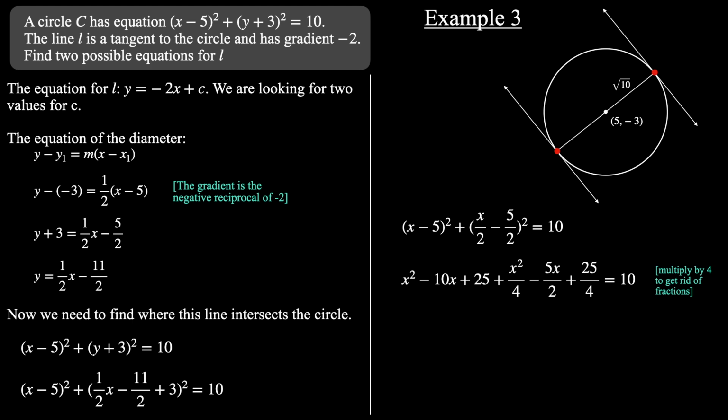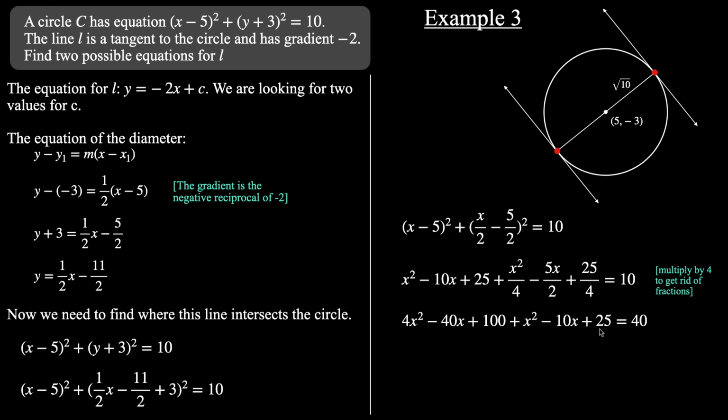So multiplying all of those terms by 4, x² times 4 is 4x², −10x times 4 is −40x, 25 times 4 is 100, x²/4 times 4 is x², −5x/2 times 4, well, the 2 would cancel with one of the 2s in 4, so we just get −10x. 25/4 times 4 is 25, 10 times 4 is 40.